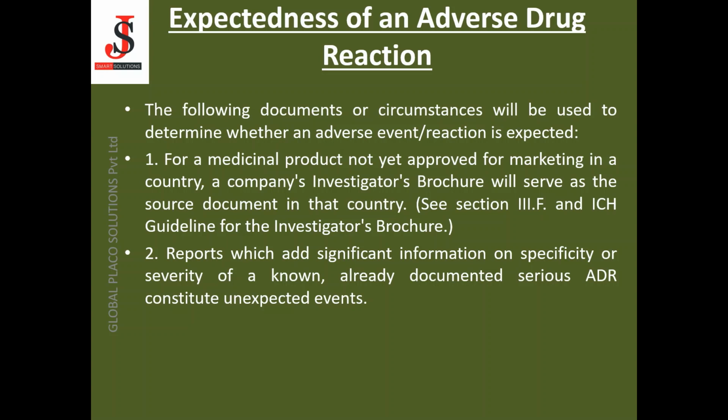For example, an event more specific or more severe than described in the investigator's brochure would be considered unexpected. Specific examples would be acute renal failure as a labeled adverse drug reaction with a subsequent new report of interstitial nephritis, and hepatitis with a first report of fulminant hepatitis.